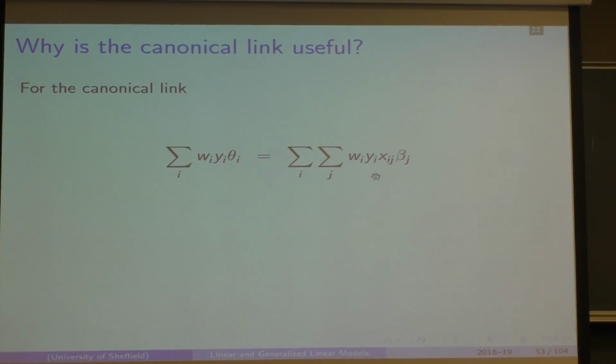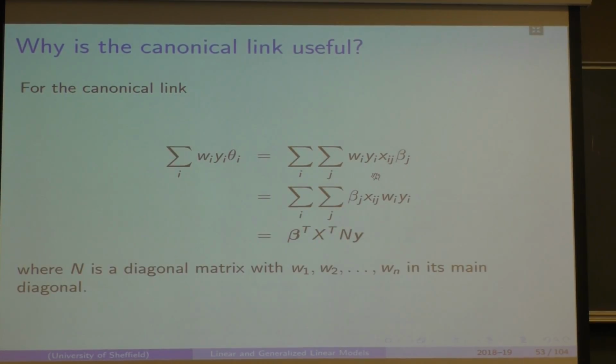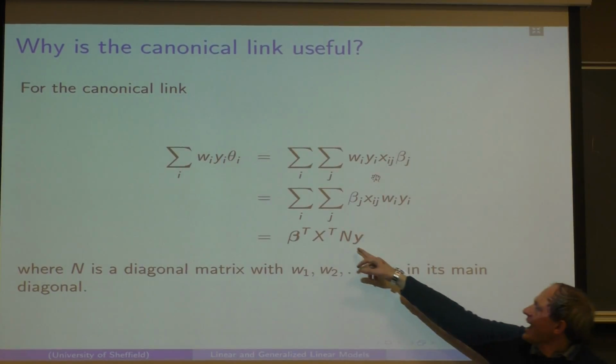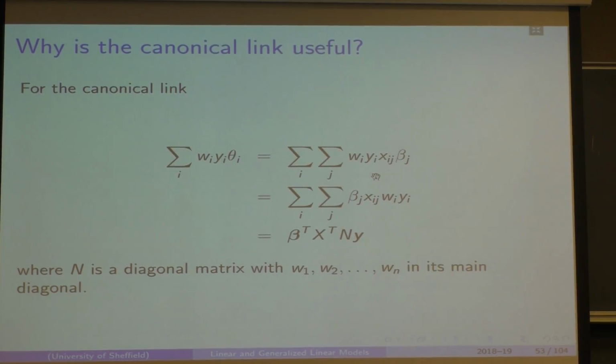Now, if theta can be written as a linear combination of the betas, like this, then we can rewrite that and say that the sum over i of these weights w i times the data y i times the canonical parameters theta i can be written as this double sum, and we can rewrite that in a linear form involving a matrix: beta transpose times X transpose. X here is the design matrix, as for the standard linear model, times this matrix which I've called N, times the data vector y. So the point is that this is a linear expression in terms of y.